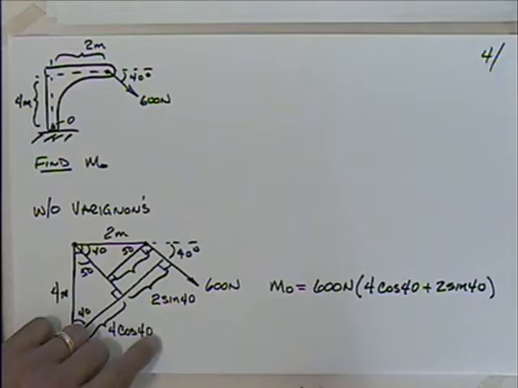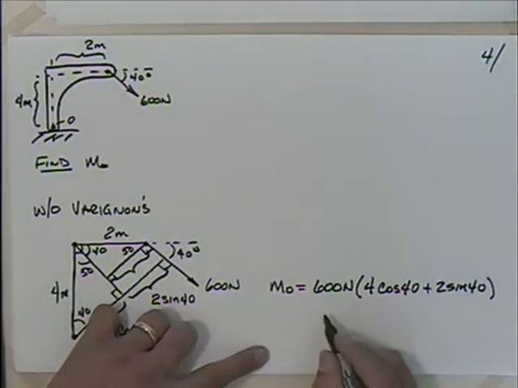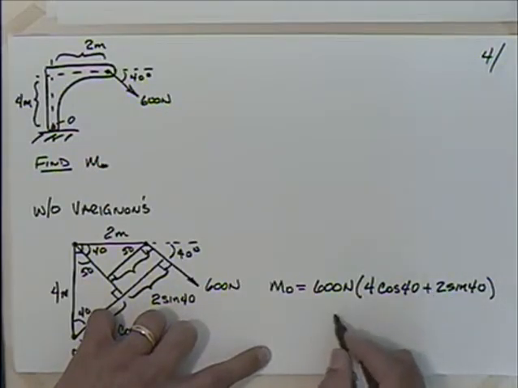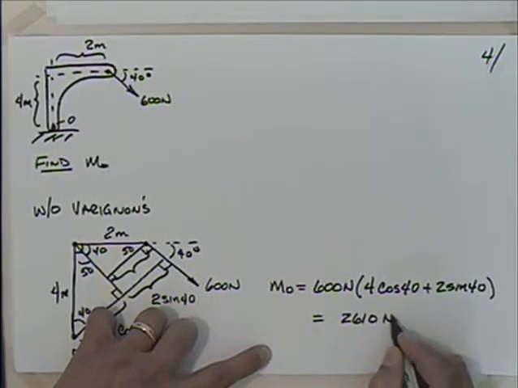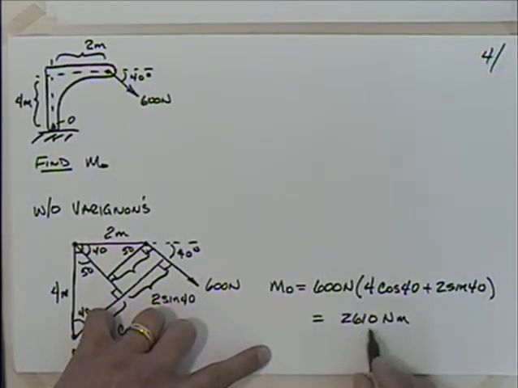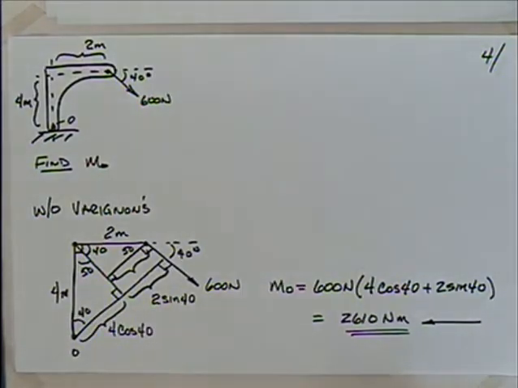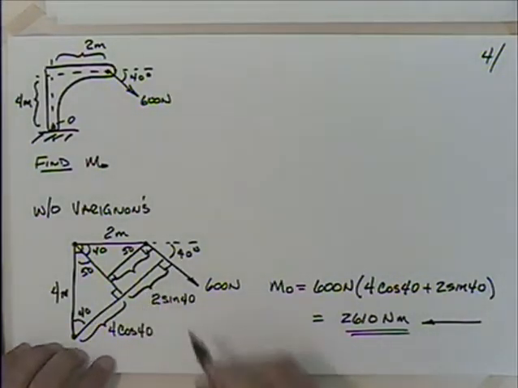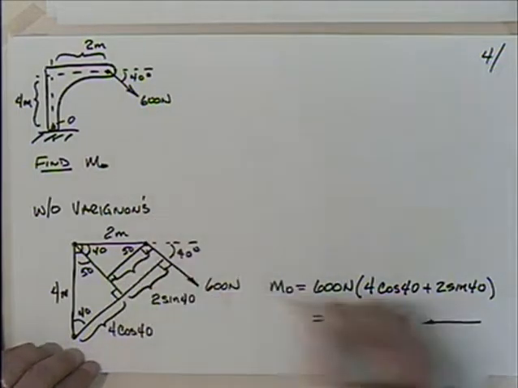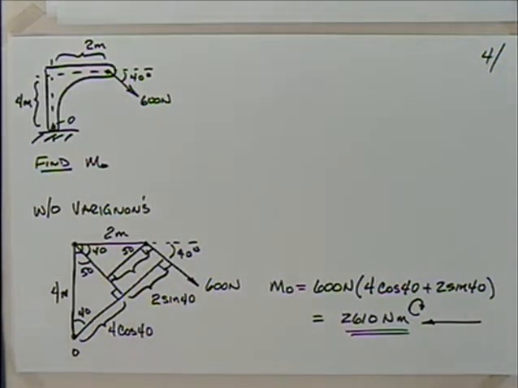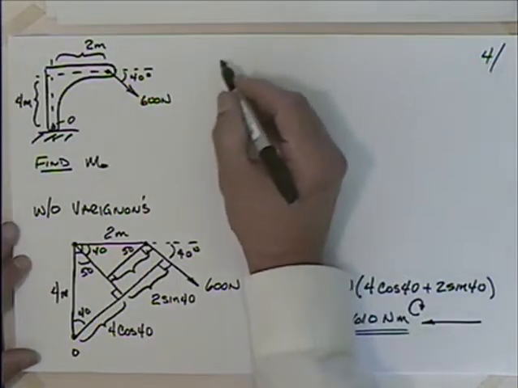And when you run through the math on that, that turns out to be equal to 2610 Newton meters. Force times distance, Newton meters. That would be my answer. No, not quite my answer. I still have to do, they're both going to cause it to rotate clockwise, aren't they?